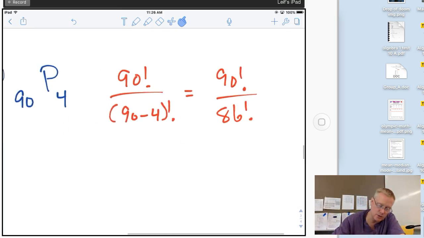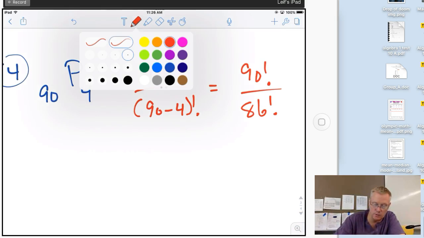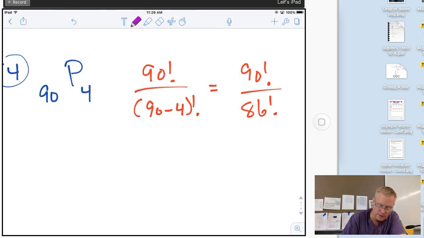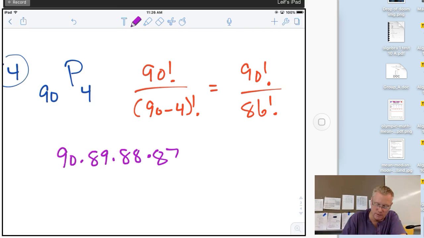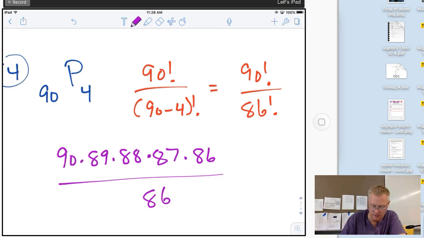So there's actually a nice math tool to use. If I take 90 and start going down, times 89, times 88, times 87, times 86, now I see in the bottom of this fraction I have 86 factorial. So if I stop there, instead of going all the way down to 1, I can do that same wonderful trick in math where you just cancel out what's in the top and the bottom.